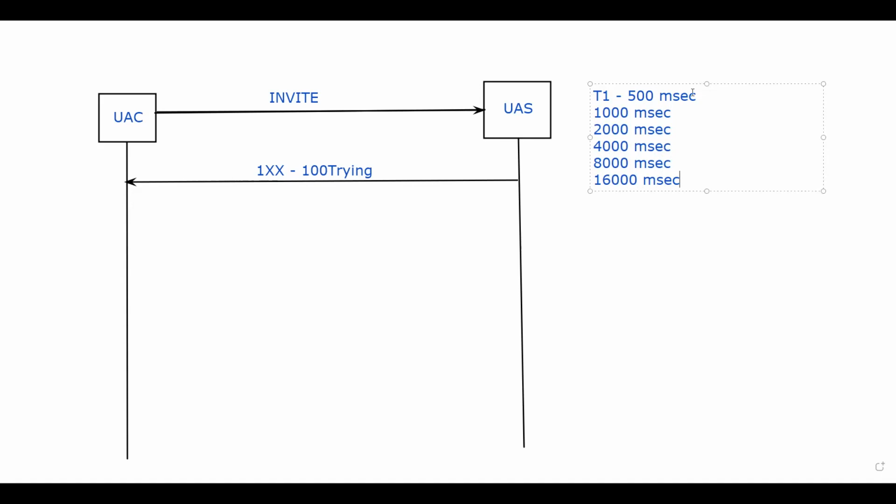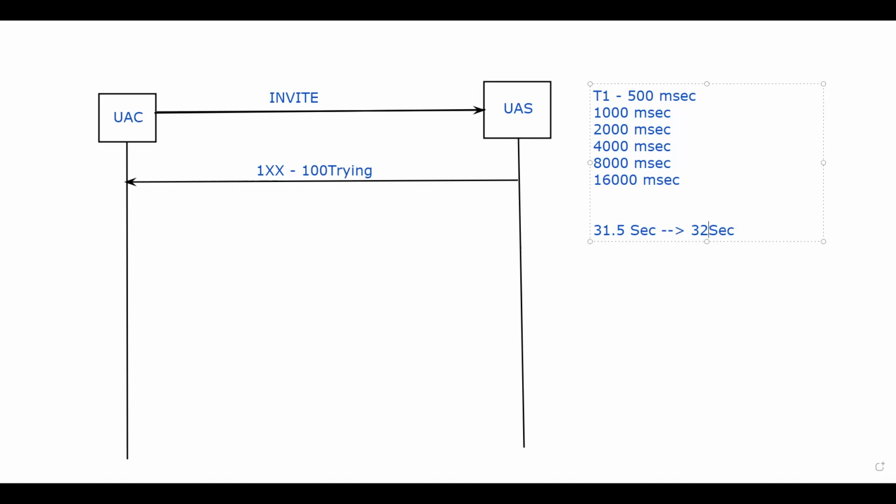So these are actually the six retry intervals: first, second, third, fourth, fifth, sixth, right? If you count all these, that would be almost 31.5 seconds, close to 32 seconds, right?